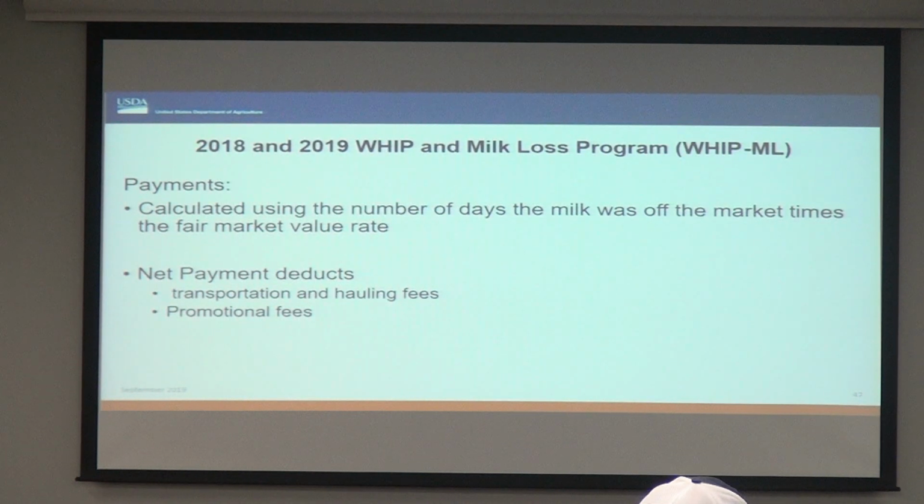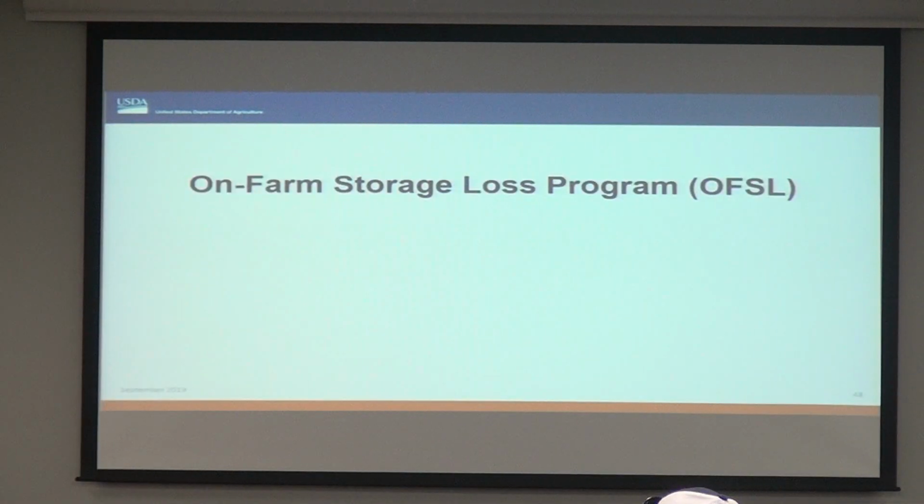Now, even if a dairy is not participating in the DMC program, you're still going to use the same rules to determine production. So that's what production is going to be paid on for the program. So it's a fairly simple program once you determine the production, the value of the milk, the days that it was dumped, and then you figure out the payment calculation on that.